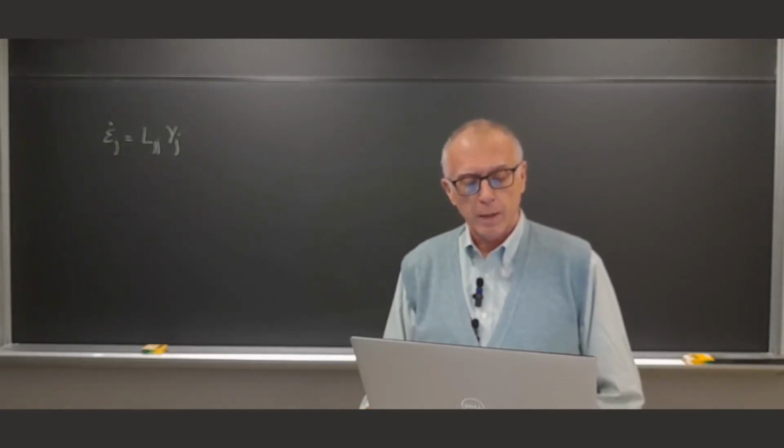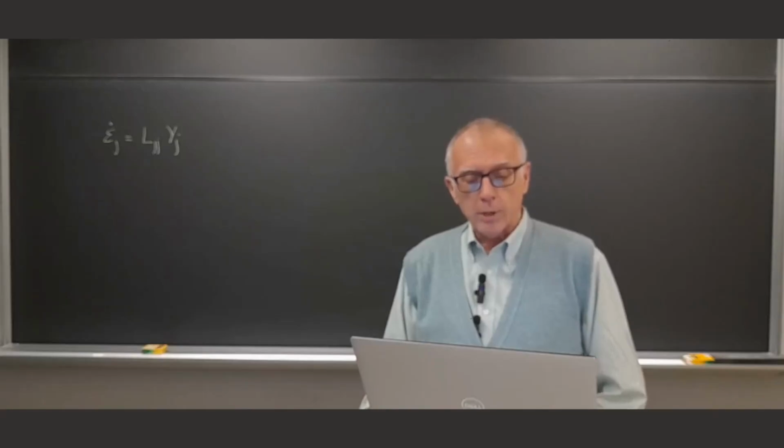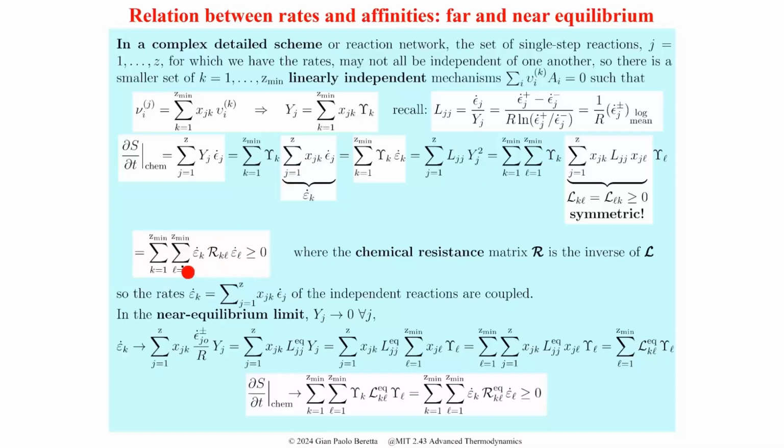Of course, so far we didn't linearize yet, but of course we can linearize. Again, we can assume that we go near equilibrium, where all the affinities go to 0. So that's the linearization that we did before. And this is the linear combination of the rates. So the rate of the independent reactions becomes a summation like this.